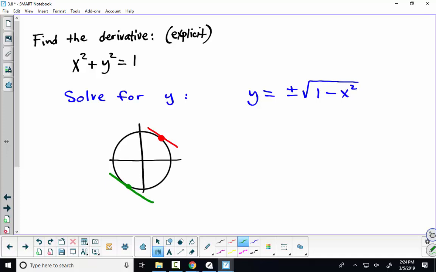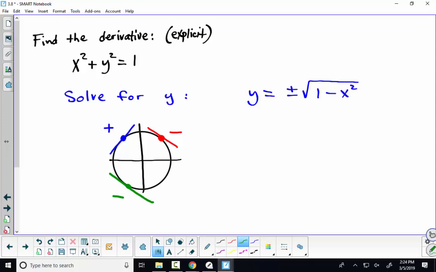Well, why do we have two? Why are we going to have two different derivatives? Because at some points the slope is going to be negative. Right, because at some points on the circle, let's say this one, the tangent line or the derivative is positive, because we have a positive slope. And at other points, the derivative is negative because we have negative slopes.